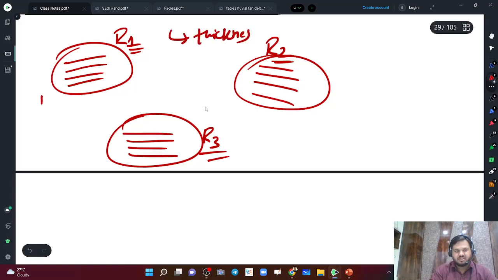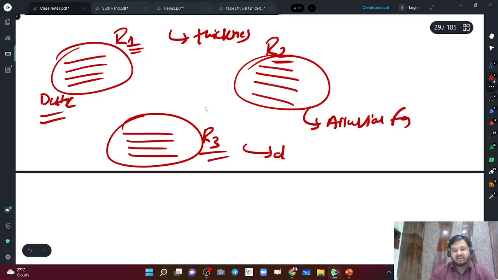right? This could be deltaic. This could be deposited in maybe an alluvial fan. This could be maybe deep marine, right? So they differ in a lot of parameters. The most common parameter is thickness. Second is fossil content.